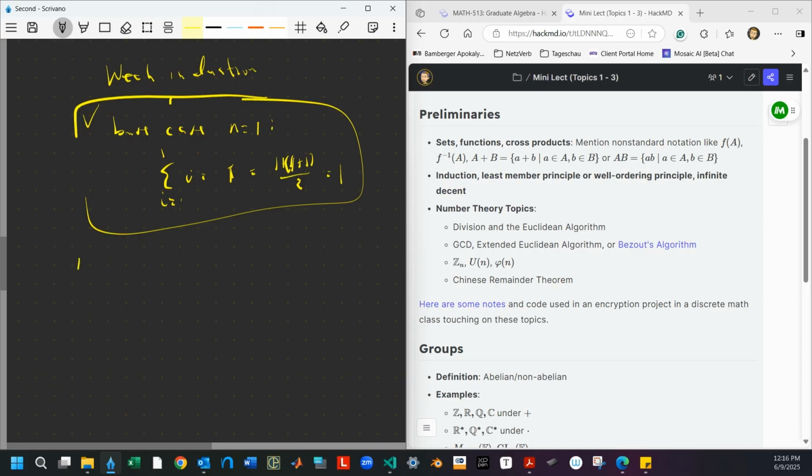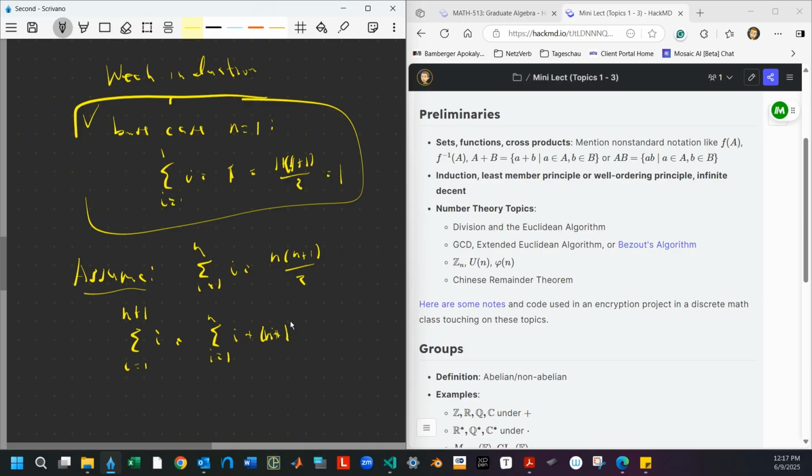Okay, let's assume that the summation of i from i equals 1 to n equals n times n plus 1 over 2. Well, let's compute the summation from i equals 1 to n plus 1 of i. And so, of course, this is the summation from i equals 1 to n of i, plus n plus 1.